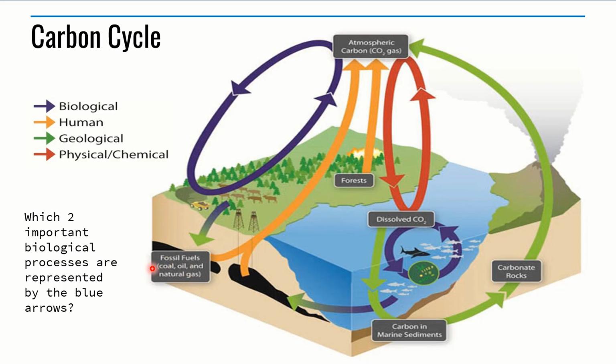And humans will then burn these fossil fuels, combustion, and release that carbon as CO2 back to the atmosphere. We're also doing things like tearing down forests and burning off all the trees and releasing that CO2 back to the atmosphere as well. So we have a lot of actions that we're doing releasing CO2 to the atmosphere. And if you haven't heard of it before, that's a big issue as far as greenhouse effect and climate change.